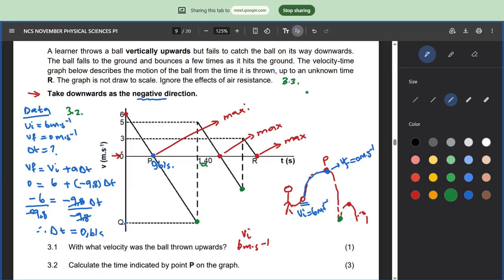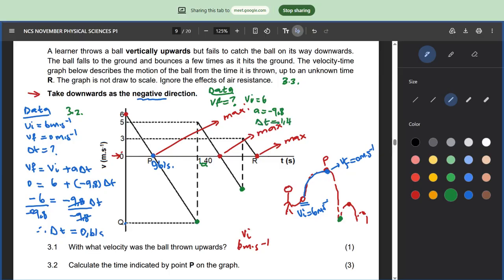Okay, so if I do the data, I have my V final, which is what you are looking for. We have V initial, which is 6, and then we have acceleration, which is negative 9.8, and then the time, it's 1.4.